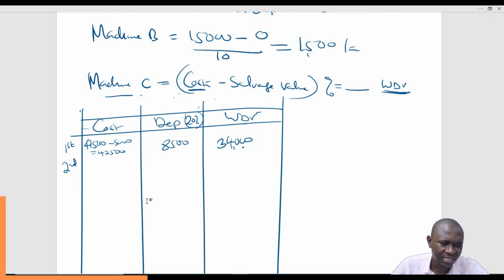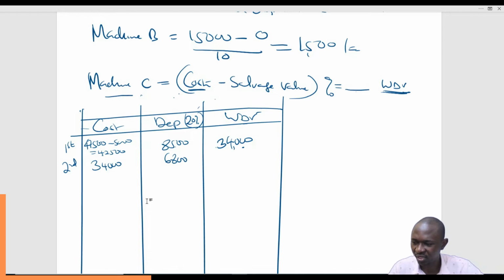So, the second year, we don't work with this. We pick the written down value, which is 34,000, and then we work out 20% of 34,000, which I think will be 6,800. We don't need to go to the calculator for that. So minus 6,800, we get 27,200.